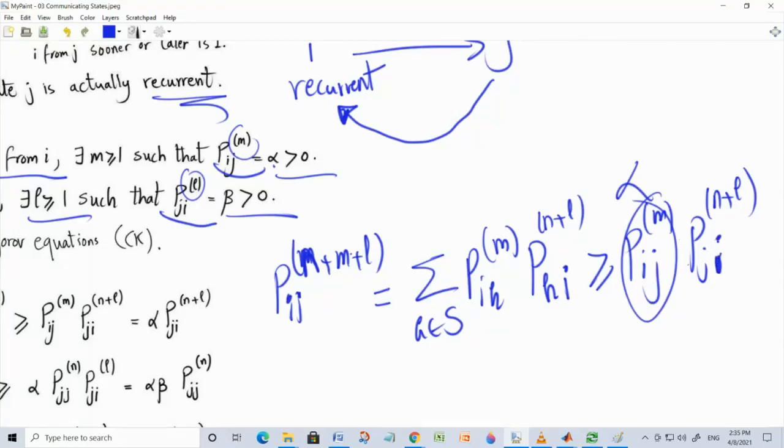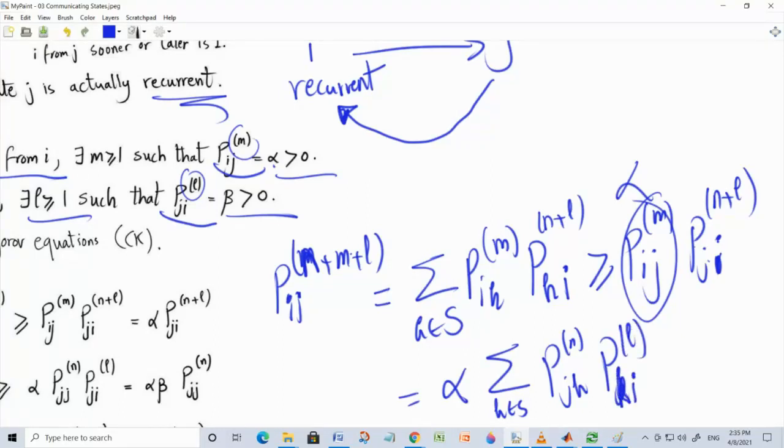Then we will apply Chapman-Kolmogorov again, saying that we have alpha, and this Pji of N plus L is a summation over K in S of Pjk of N, Pki of L. So you go from J to I in N plus L steps, you go from J to K in N steps, and then from K to I in L steps.